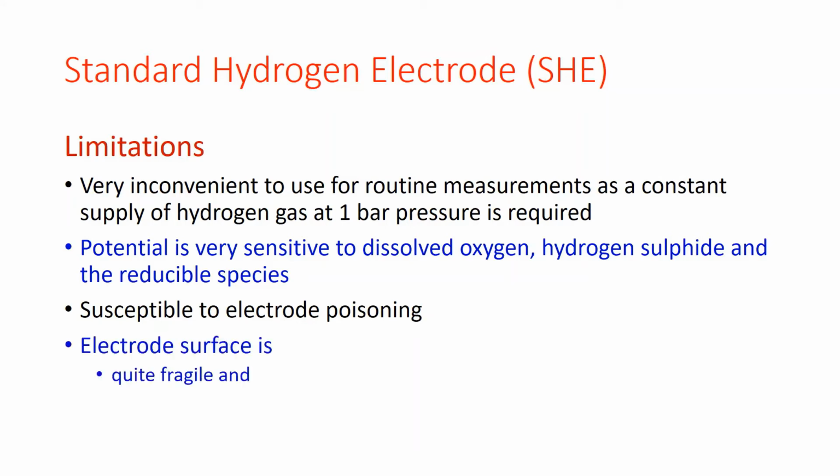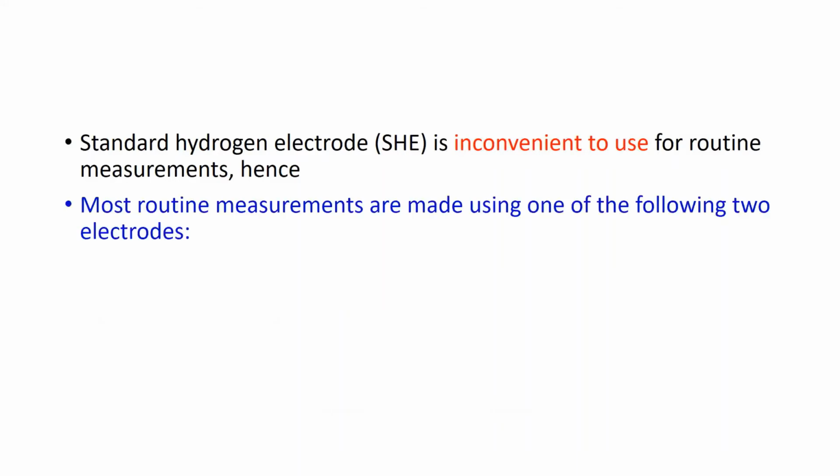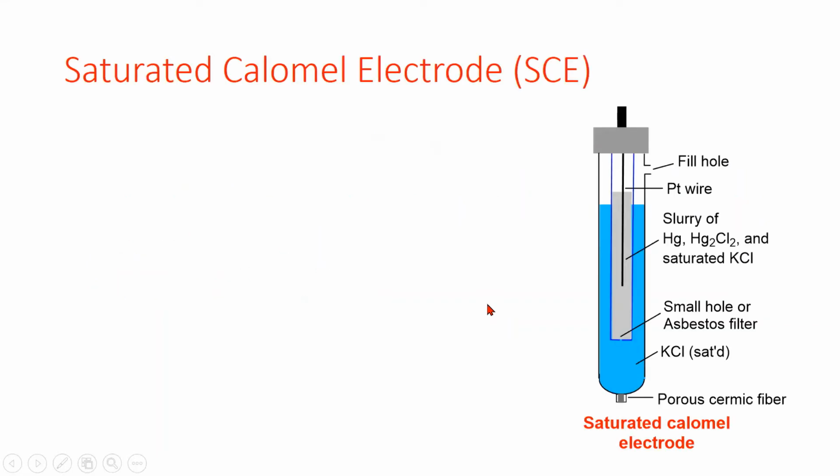The electrode surface is quite fragile and must not be touched, scraped, or allowed to dry out. Most routine measurements are made using either saturated calomel electrode or silver chloride electrode.